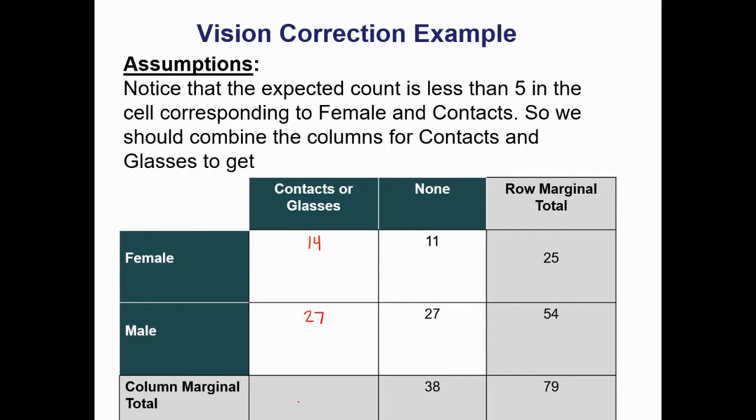And our column total now is 41. So we have to get new counts for this first column, but our expected counts for none stay the same. They're still going to be 12.03 and 25.97. Those stay, nothing changes.